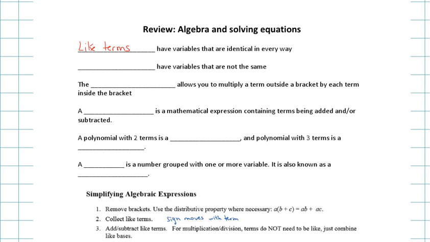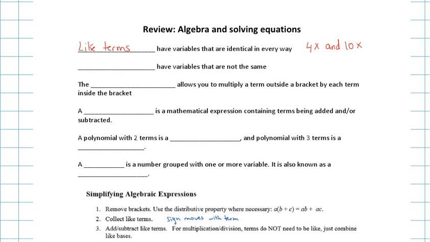When I say like terms, I mean terms that have the same letter and the same exponent on that letter. Okay? Let me give you an example. If I look at 4x and 10x, we call these like terms because they have the same letter, x, with the same exponent.